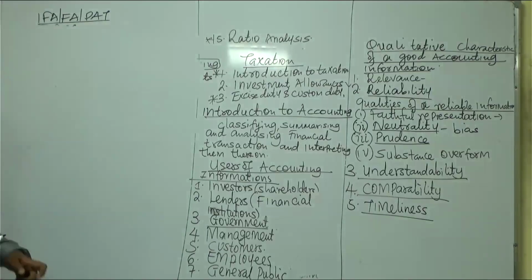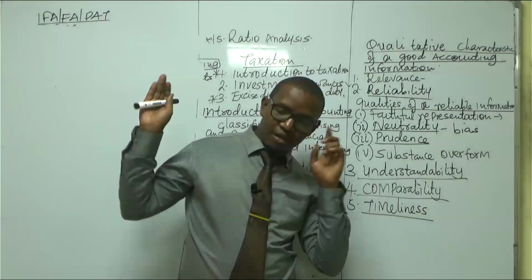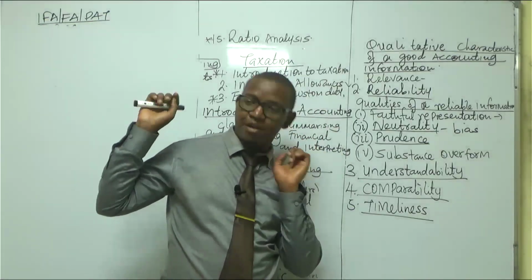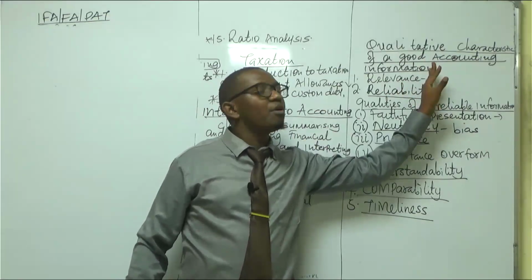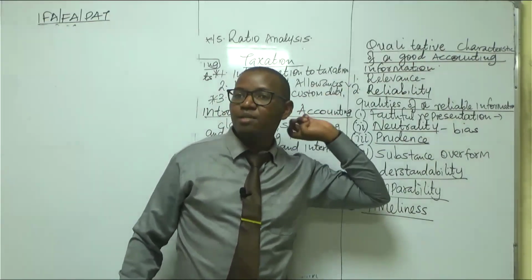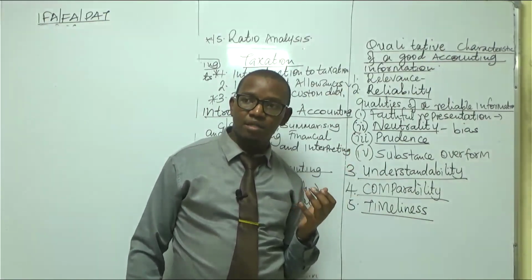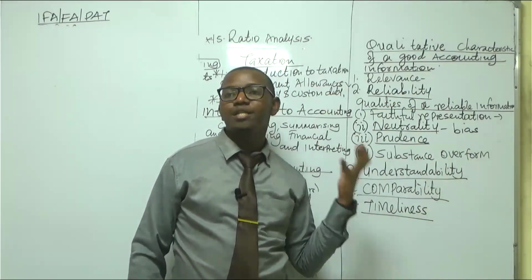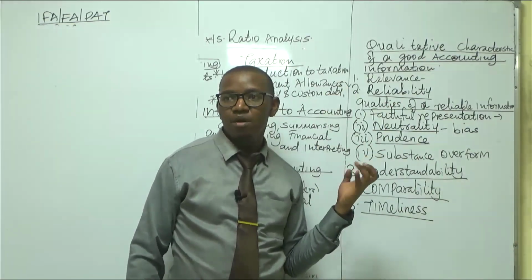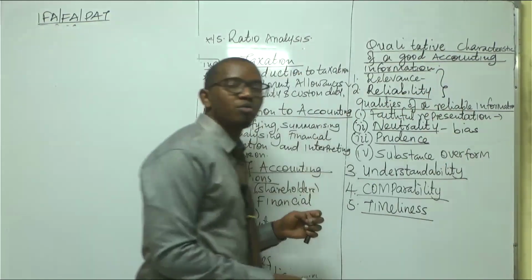Now, let me also diversify this further. I think there was a question in financial accounting where it said you talk about the quantitative and qualitative characteristics. When we talk of quantitative, we are talking about those two.